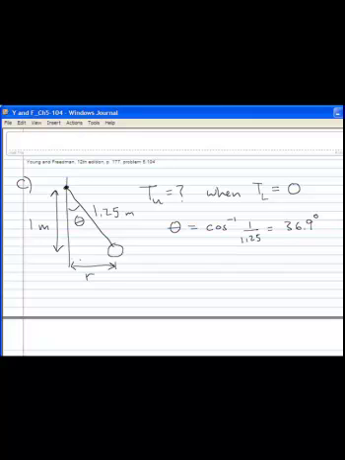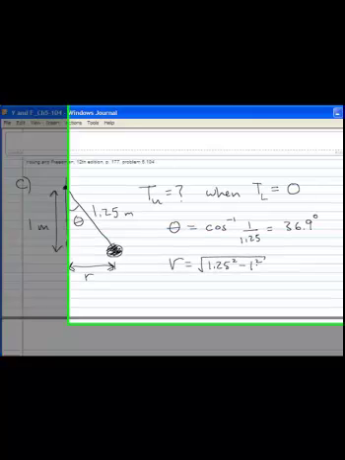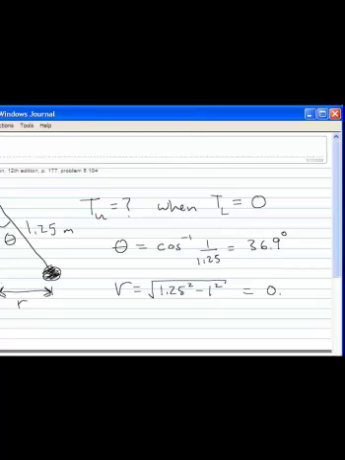And we know what the radius is. The radius is the distance from our mass to our axis of rotation, and I've marked it here. That is going to be equal to the square root of 1.25 squared minus 1 squared, and that's 0.75 meters.